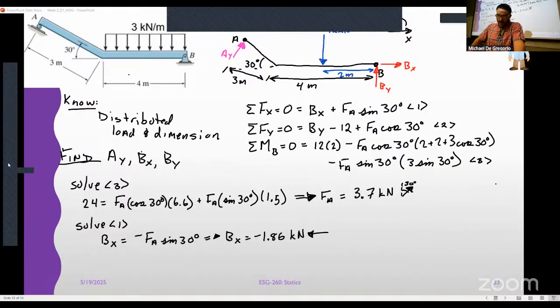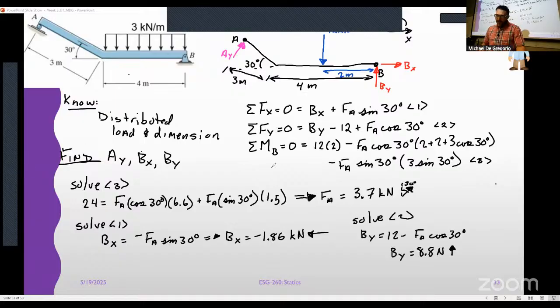In the Y direction, we'll do that next. Solve equation 2. And we find out that B is going to be pointing up at 8. It says newtons. That should be kilonewtons because this whole problem's in kilonewtons. Notice I put my direction next to my force reporting, right?